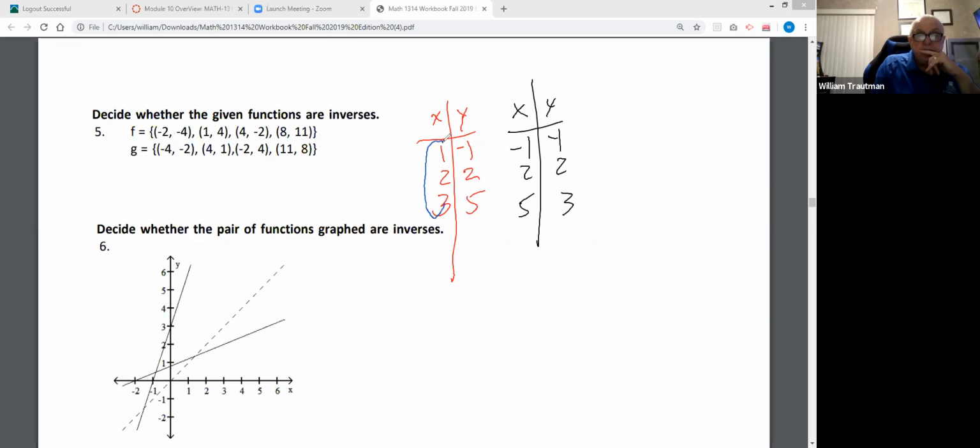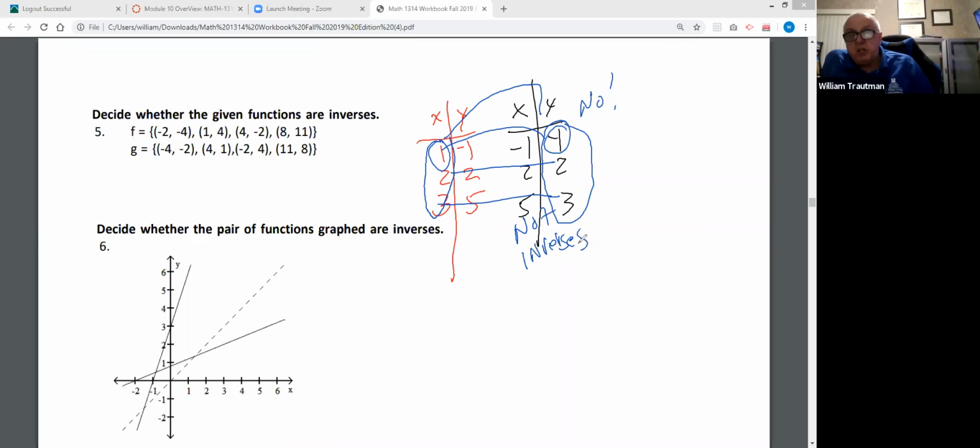Do all the x equal all the y? And here's a 3, here's a 2. This one's a 1, and this one's a -1. And you can stop right there. No, these two are not inverses. Because all the x of one function has to equal all the y of the other.